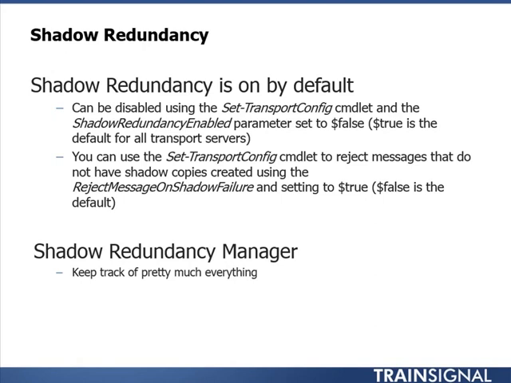It maintains the list of primary servers for each shadow message, processes discard notifications, and a whole list of other things. You can find the list if you research the TechNet articles listed at the end of this discussion. You'll find the information on the Shadow Redundancy Manager and a list of 7 or 8 bullet points on what it does overall.